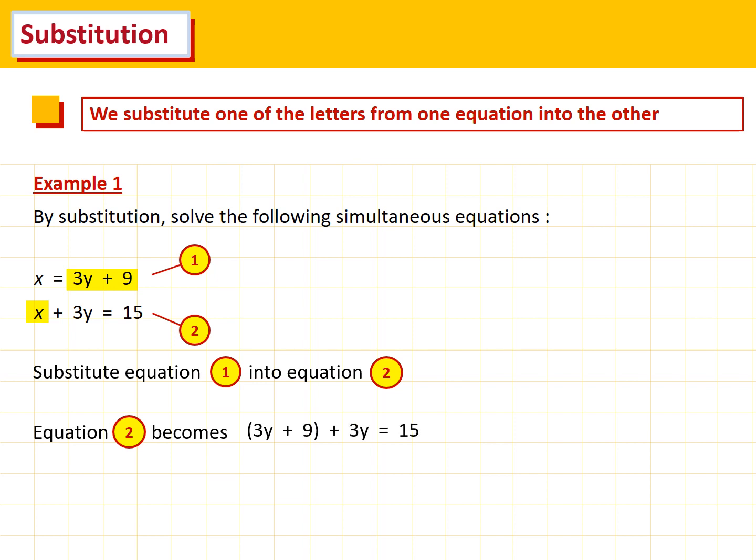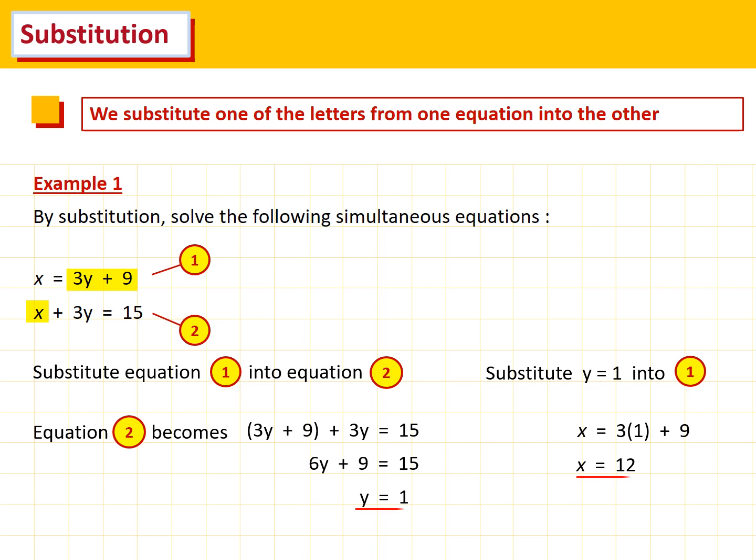So it's 3y plus 9 plus 3y equals 15. Simplify and then solve, and once we've found y, we substitute back into equation 1, and x equals 3 lots of 1 plus 9, so x equals 12.